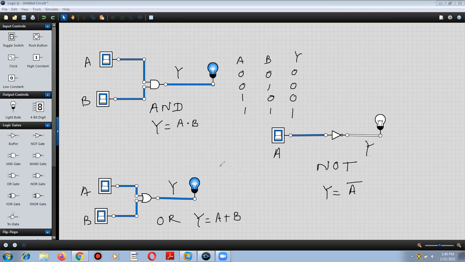Now for OR gate: 0 0, 0 1, 1 0, 1 1. The summation is 0, summation 1, 1, and 1. And for NOT gate, when A is 0, output is 1, when A is 1, output is 0. This is how we have verified the truth table for the basic gates.